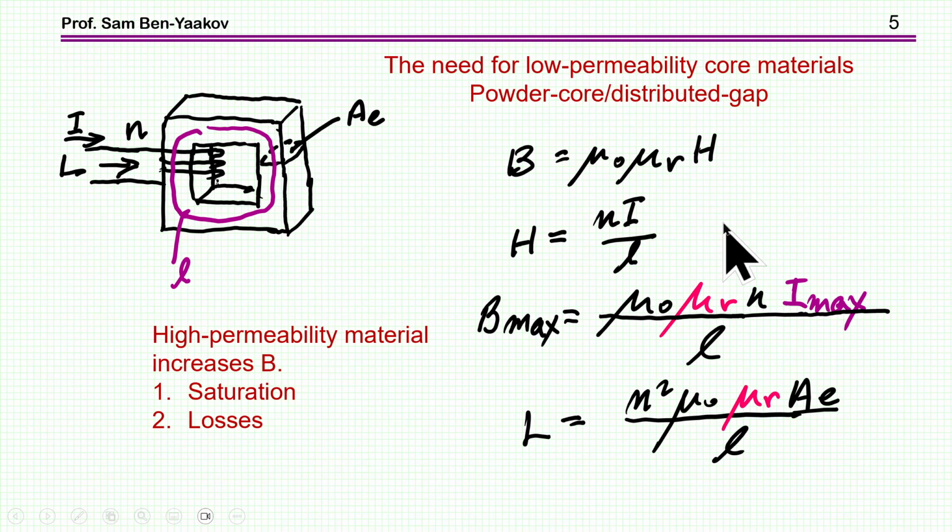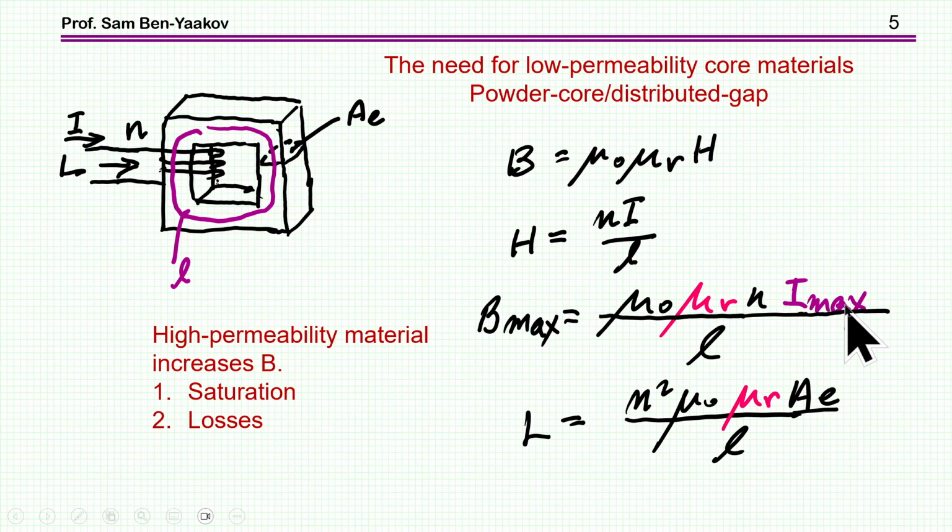Like if ferrite relative permeability is 2000, 4000, you can get for powder core material with permeability of 50 or even 20 relative permeability. So you can really get a low permeability that you need when the current is high.